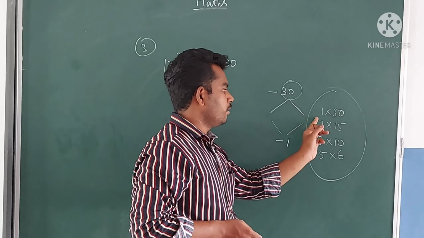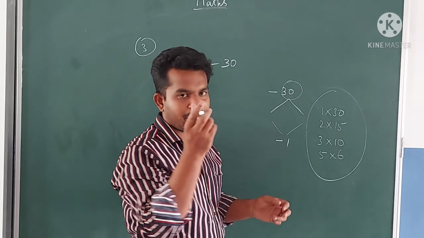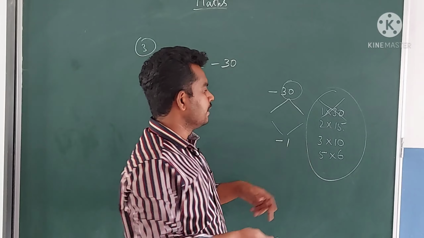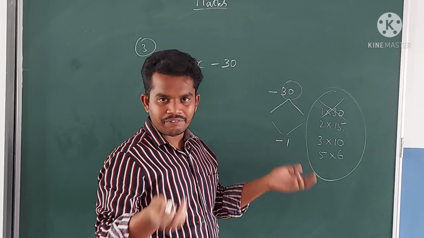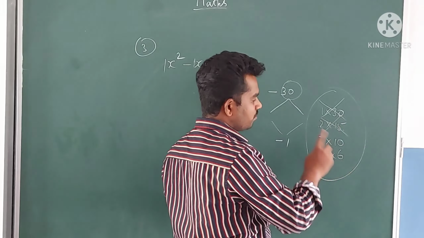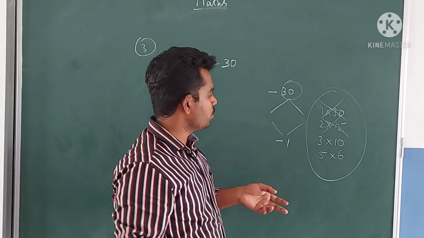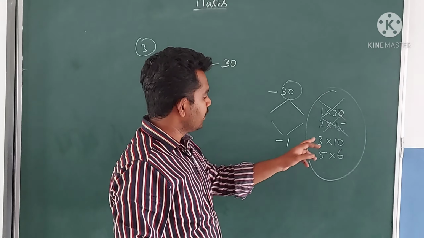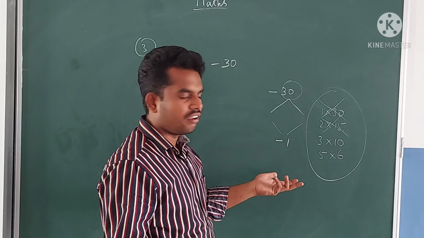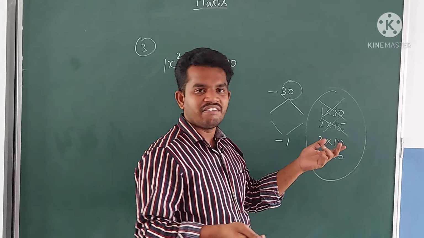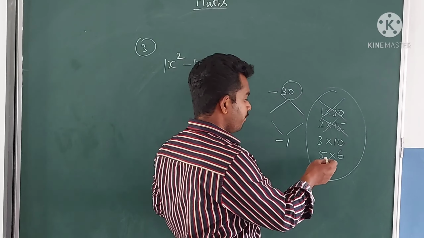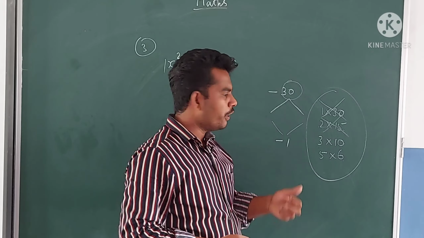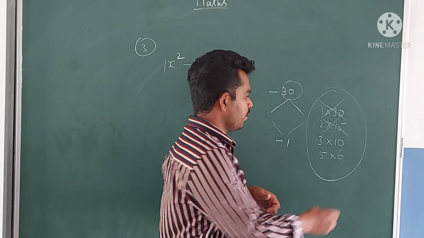You add the factors, you will get some idea. 1 plus 30, 31. It is omitted. 2 plus 15, 17, and 2 minus 15 is minus 13. So that is omitted. Here 3 into 10, 13, 10 minus 3, 7. So there is no chance. Next 5 into 6. Why, sir, 5 plus 6 is 11? Why do you take 5 into 6? This is also omitted.